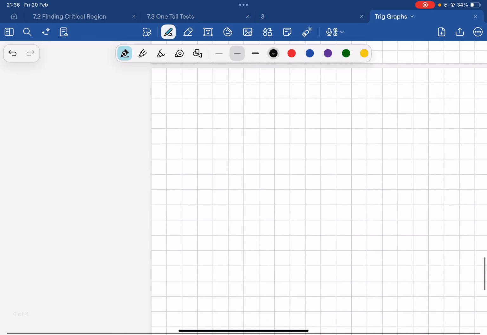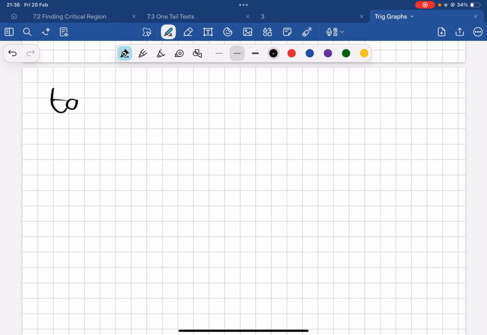Now what about tan? So we said tan theta equals sine theta over cos theta.